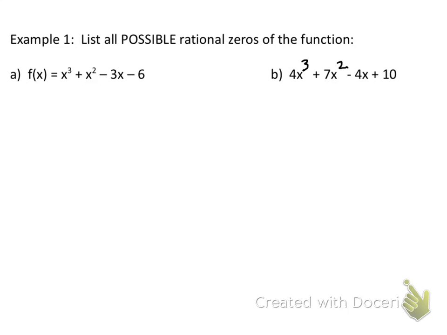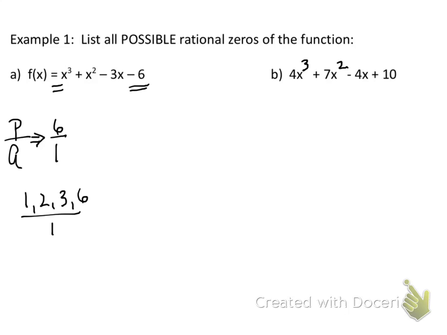If we're going to list all the possible rational zeros of this function, then we're going to list the factors of the constant, which is 6, over the factors of the leading coefficient, which is 1. So my p over q would be the factors of 6 over the factors of 1. The factors of 6 are 1, 2, 3, and 6, over the factors of 1, which is 1.